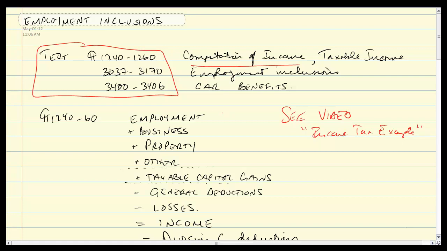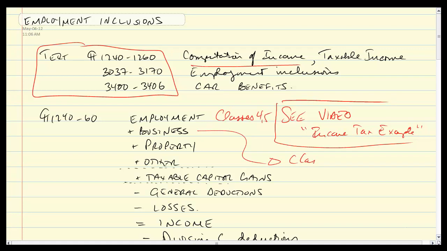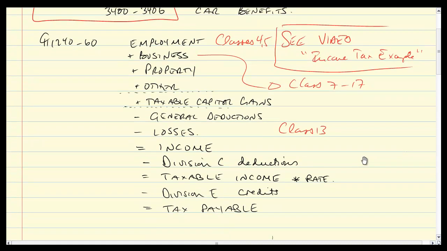So today, or in classes 4 and 5, we're going to talk about employment income. Classes essentially 7 to 17 are all about business income, not usually done in the context of a person who's doing business by themselves. We move it into the corporate realm, but that's what we end up spending most of the course on. And then we do talk about losses in class 13, and then we talk about these Division C deductions in class 6.